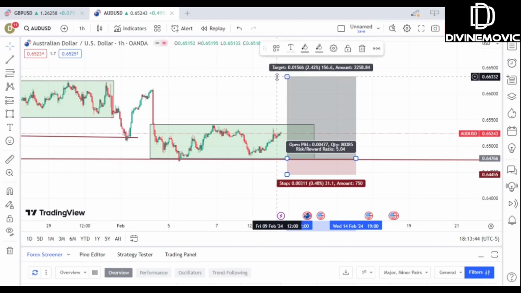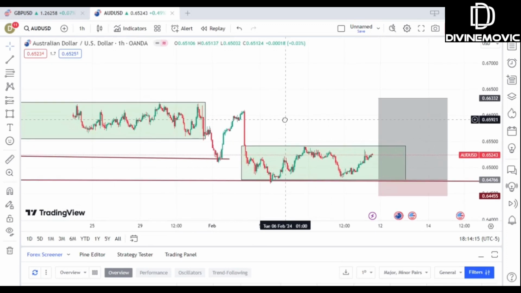But if price does not take out the early buyers, we are simply going to wait for price to take out this high and then retrace a bit and continue the upward movement. So whatever buyers we're having on this pair is simply going to be a bullish bias. But for now, price is likely going to take out these early buyers before price eventually goes to the upside.